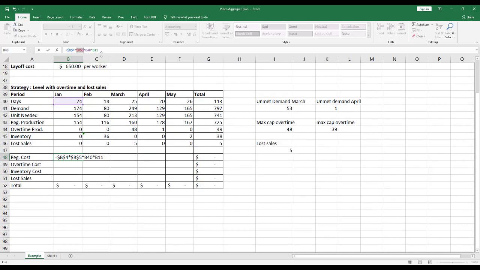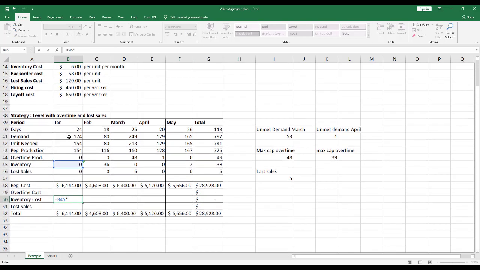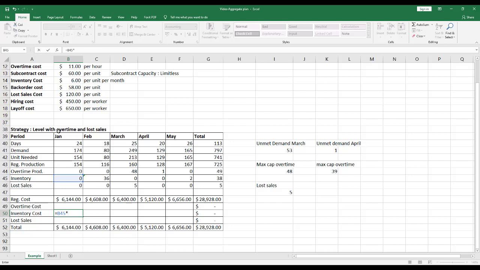We can lock some of the cells, so we can copy to May. And then the inventory cost is equal to the number of inventory or ending inventory in the month times the inventory cost itself, and just copy it through May.